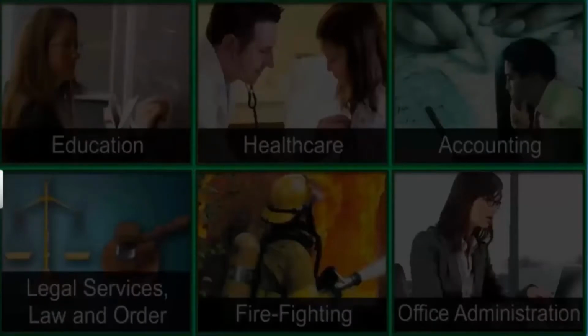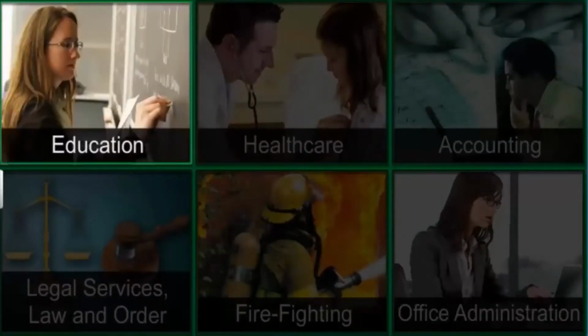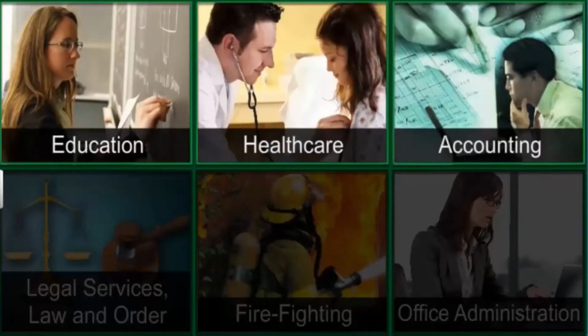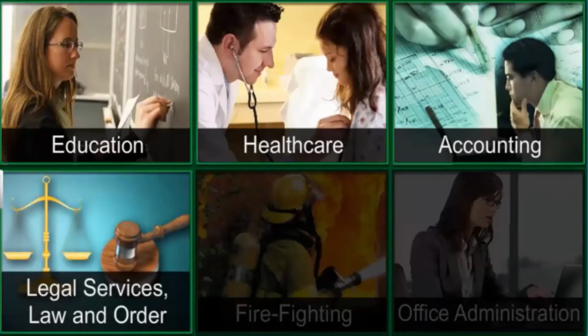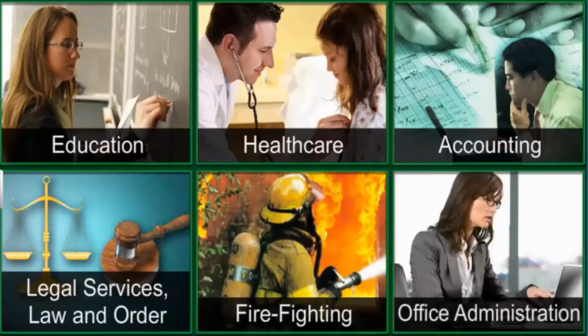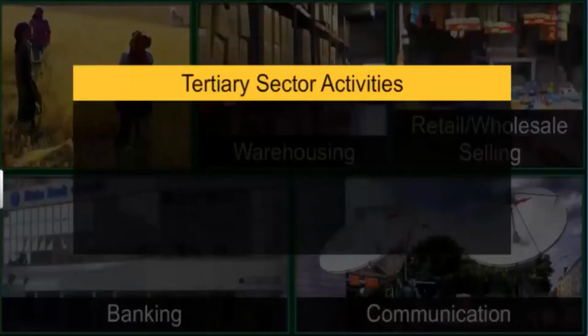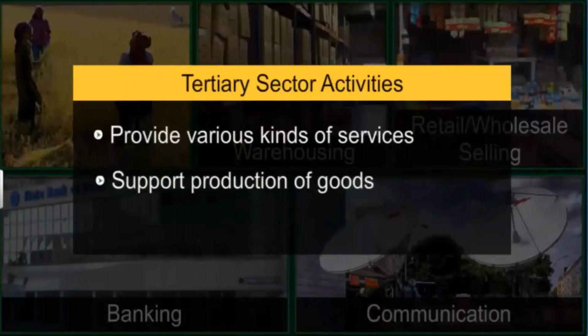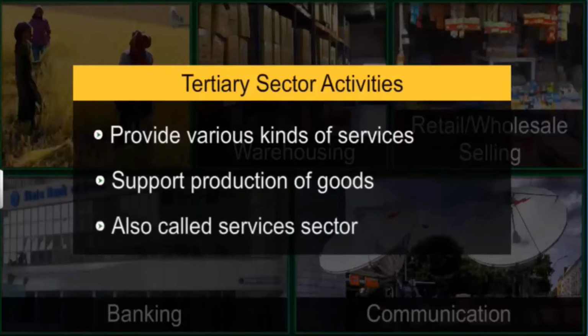The tertiary sector also includes essential services like education, healthcare, accounting, legal services, law and order, firefighting, and office administration. Tertiary sector activities provide various kinds of services, including the ones that support the production of goods. Thus, the tertiary sector is also called the services sector.